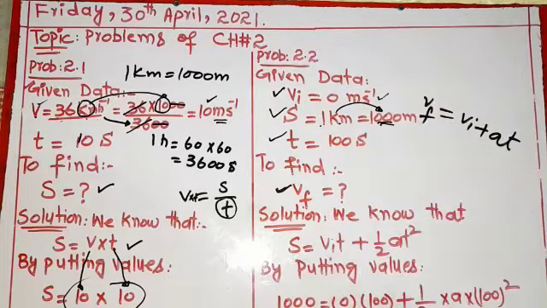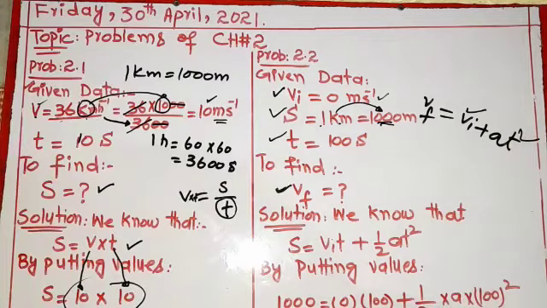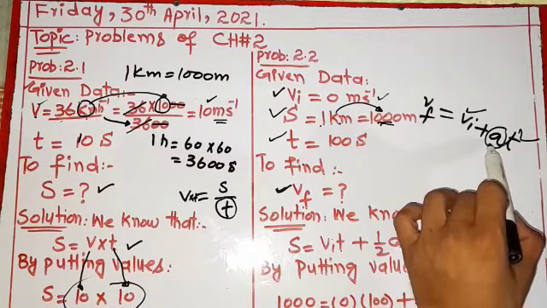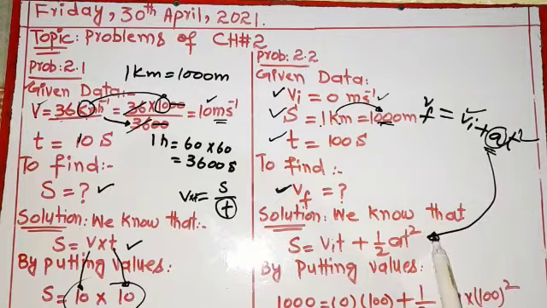You can see that Vi is 0 meter per second, the time is 100 seconds, but we do not have the factor acceleration. To find the acceleration, we will use the second equation of motion. As we know, S is equal to Vi t plus half A t square.